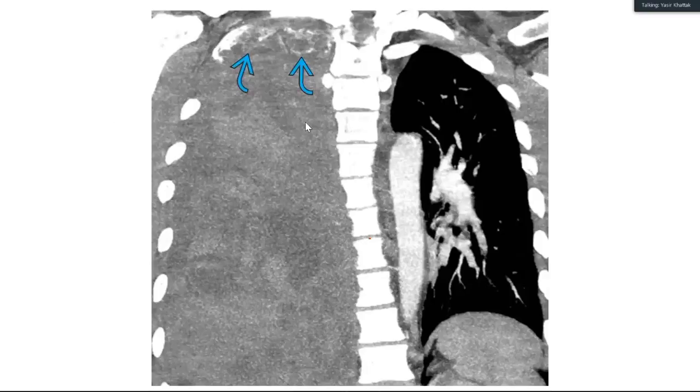This is another case. You see there's permeation, there is destruction, there's a heterogeneous-looking mass occupying the right hemithorax, with destruction of the right rib. So this is a case of Askin's tumor.